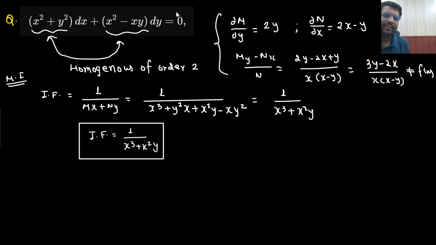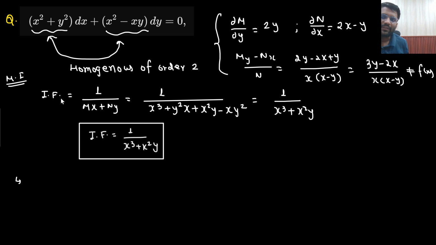Now let's say in the examination they are asking for the solution, that solve this equation. So can you solve this equation now? Sir, I need to multiply with this factor now, right? We have calculated in a correct way. You need to multiply with this factor, which is 1 upon x cube plus x square y.